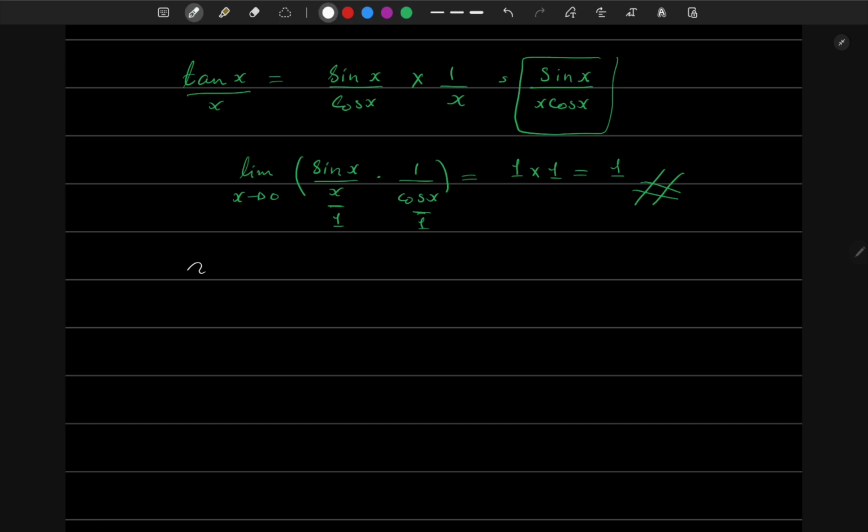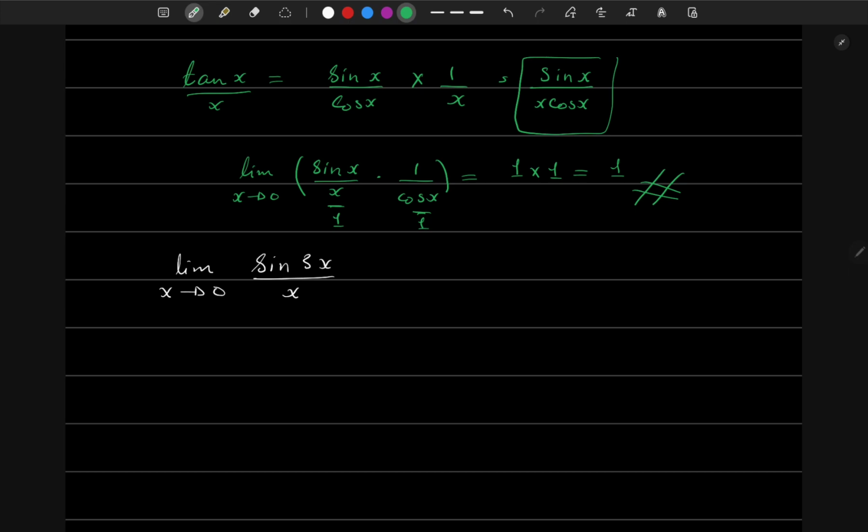Another example, let's find the limit of sine 3x divided by x with x approaching 0.